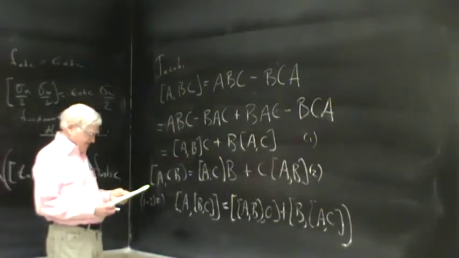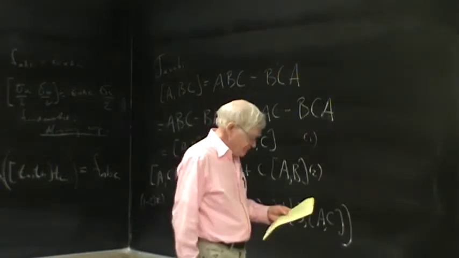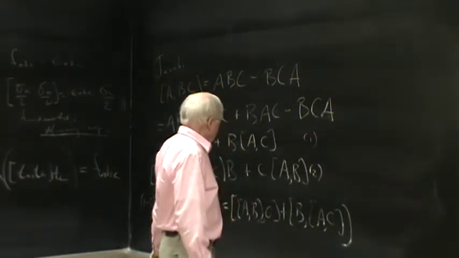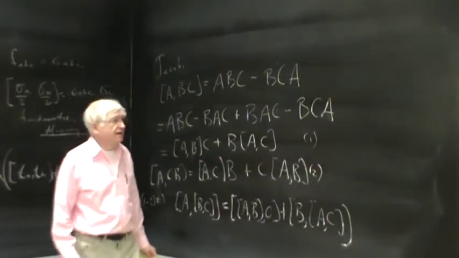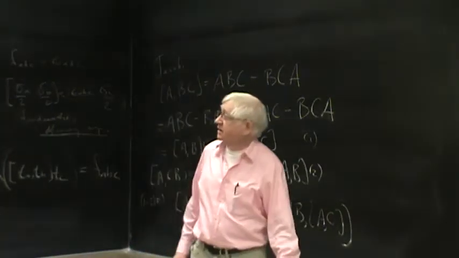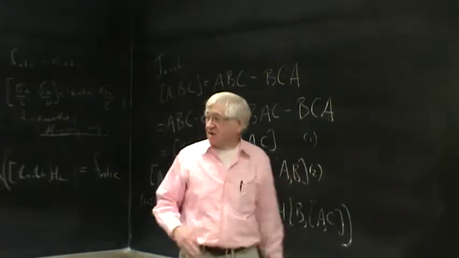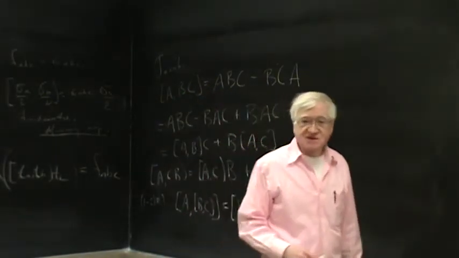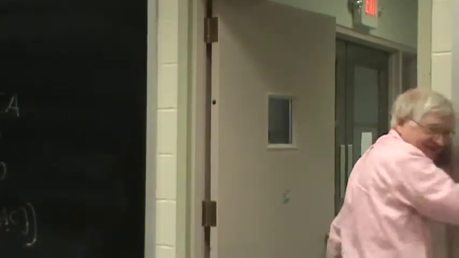And now there's a remarkable consequence of that. Namely, if we rewrite it in terms of the generators, then I'm a little worried about the time because I'm using blackboard space like nobody's business here. I guess I'll have to write really small.